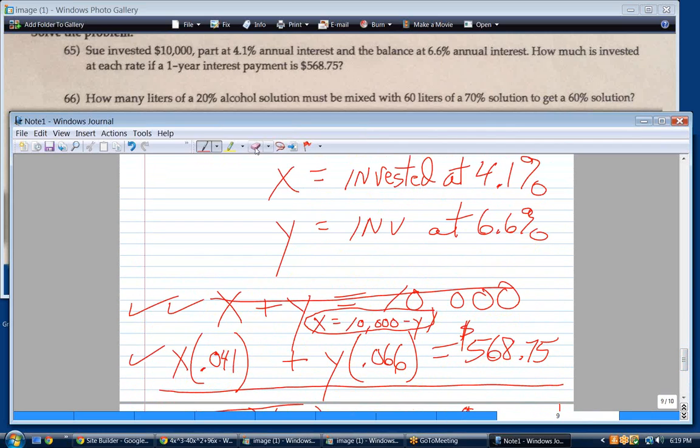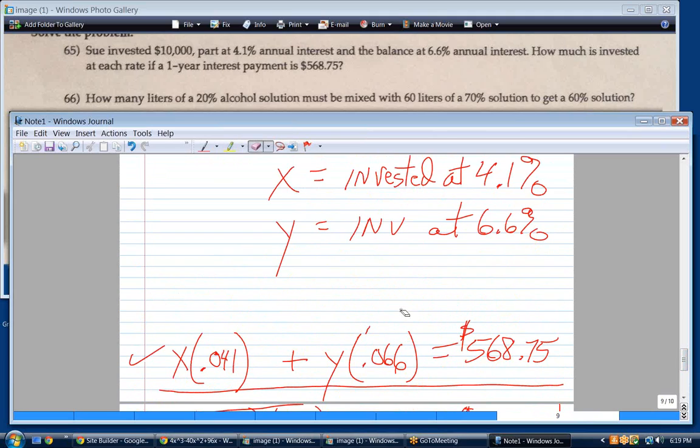Okay? Let's go back and look at this problem one more time. Only this time, I'm going to take a shortcut, and I'm not going to call the second variable y. I'm going to call it 10,000 minus x. In other words, I'm going to incorporate the information that I know, which is that together they add to 10,000.